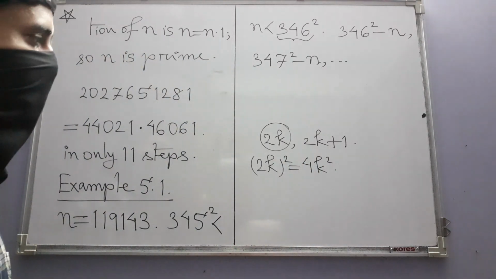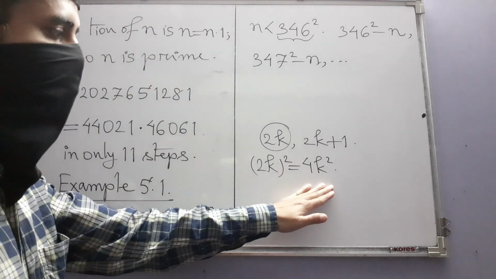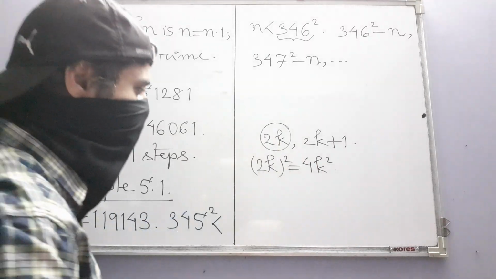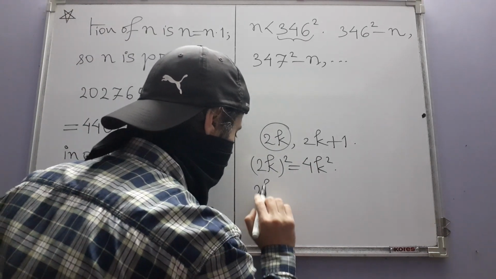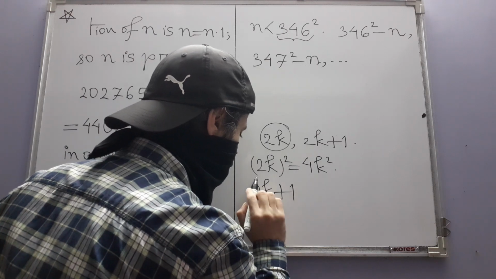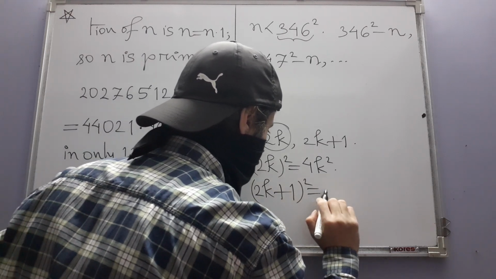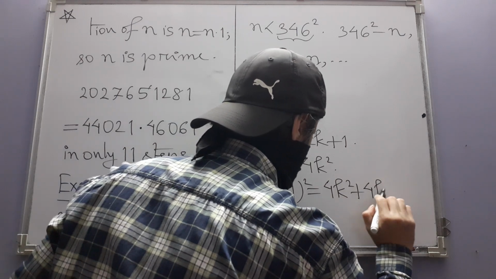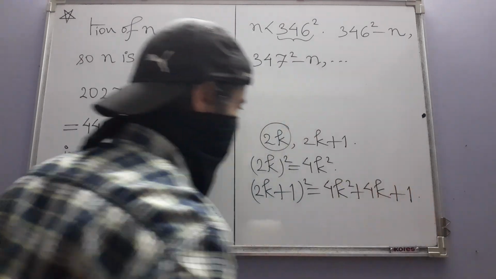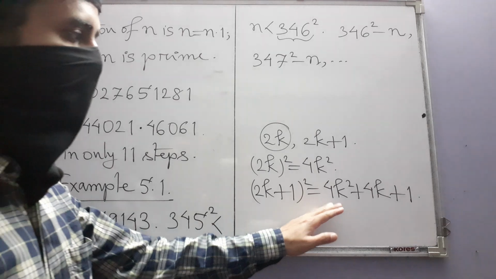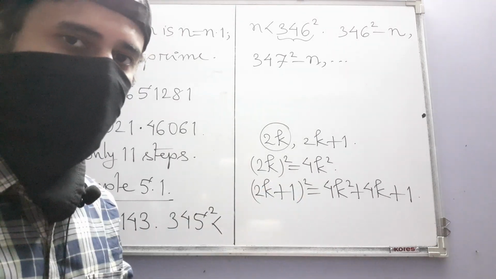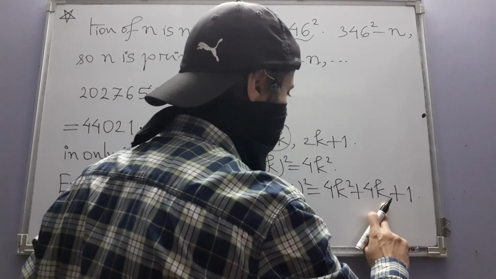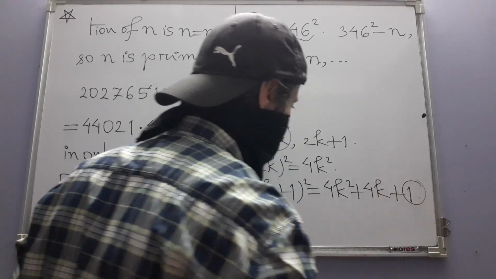In other words, when you divide the square of an even number by 4, the remainder is 0. Whereas when you take the square of an odd number, you get something of the form 4 times an integer plus 1. So the remainder is 1.